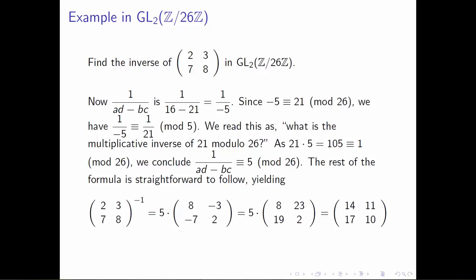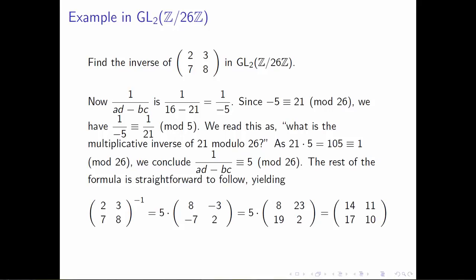Once I've figured out the 1 over the determinant part of that formula, the rest of that formula is really straightforward and easy to follow. So following the equation for finding the inverse of the matrix, just working inside of R, I take 5, which is this 1 over AD minus BC modulo 26, and then I follow the formula. I take the 2 and the 8 and I change their positions. I take the 3 and the 7 and I negate them.